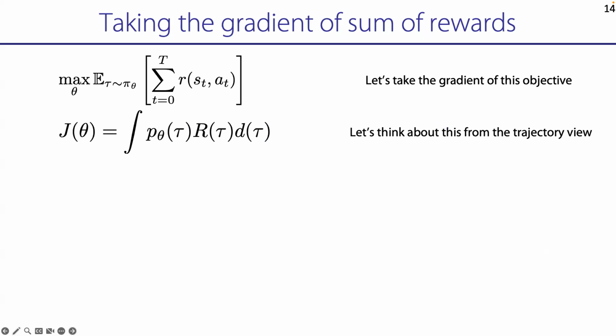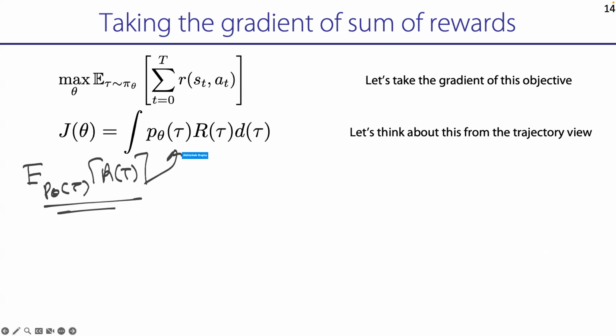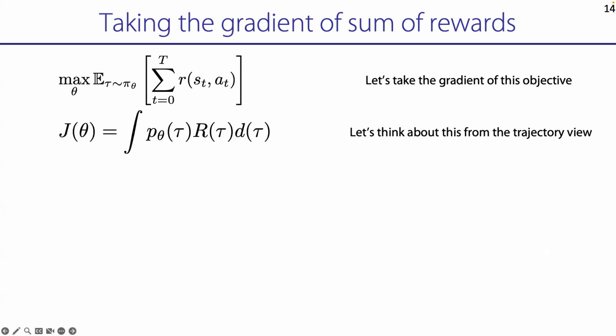So let's start with our objective, right? Remember, our objective was the expectation over p theta tau of r tau. By the definition of an expectation, it's just going to be J theta, right? Now, we are going to compute the gradient of J theta with respect to theta.